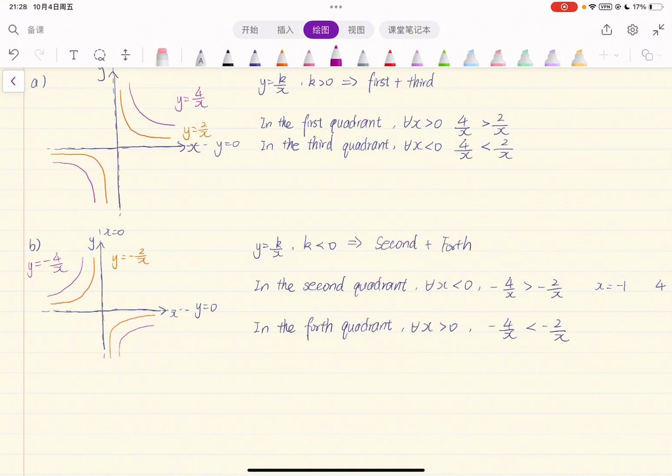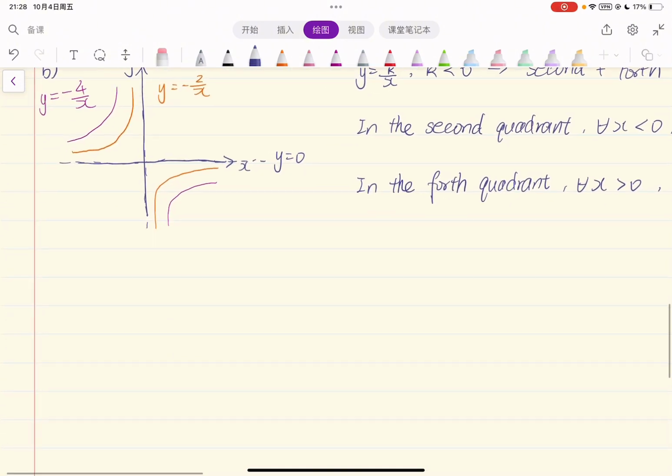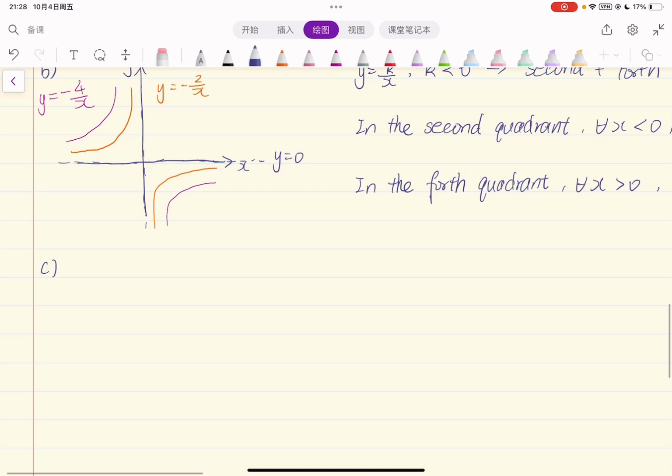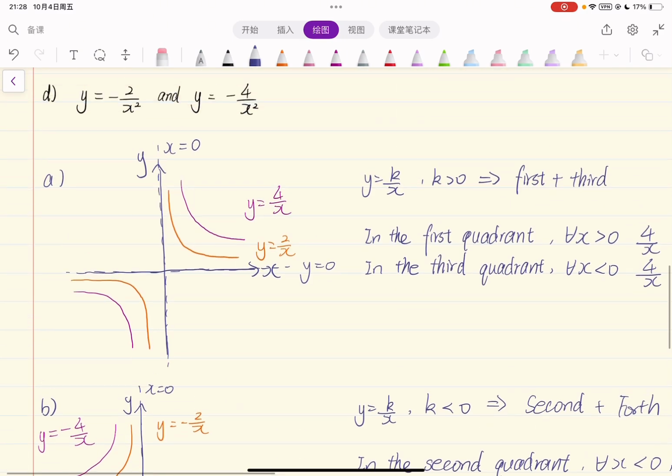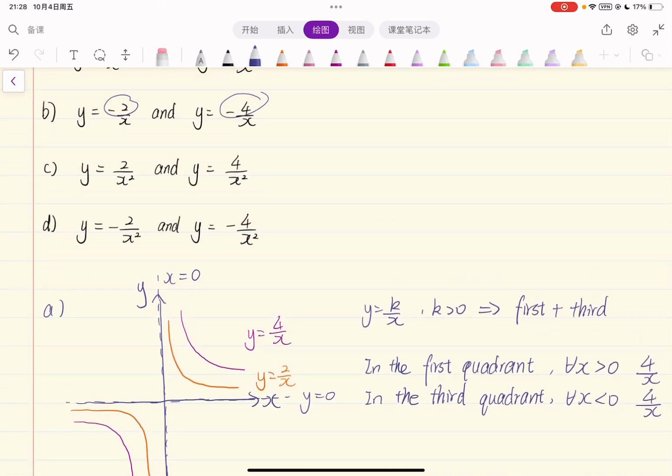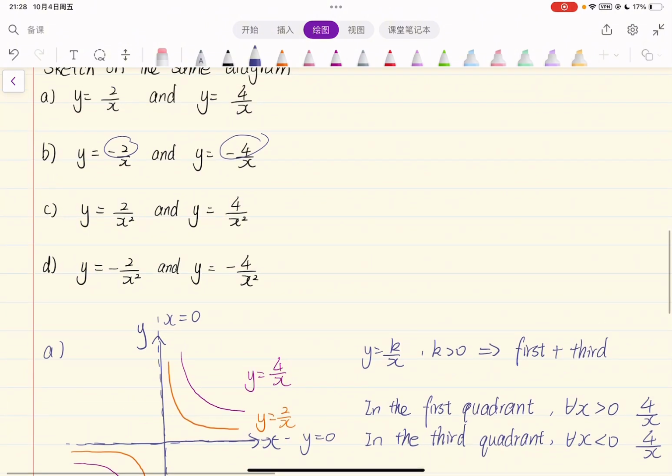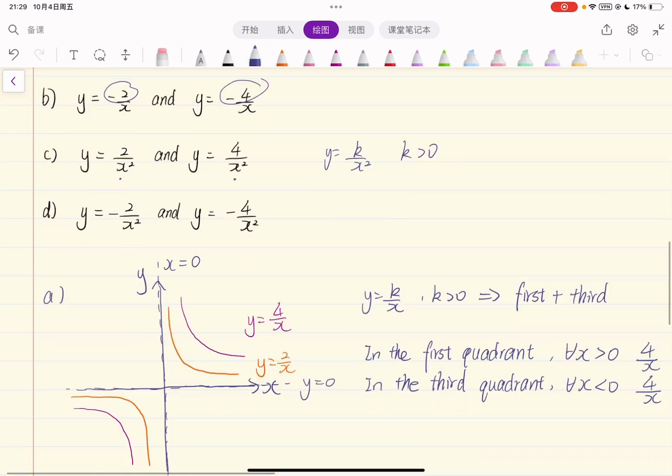Now we have done the part B question. Let's move on to part C. The question asks you to draw the curves 2 over x squared and 4 over x squared. So that is y equals k over x squared, where k is greater than 0.